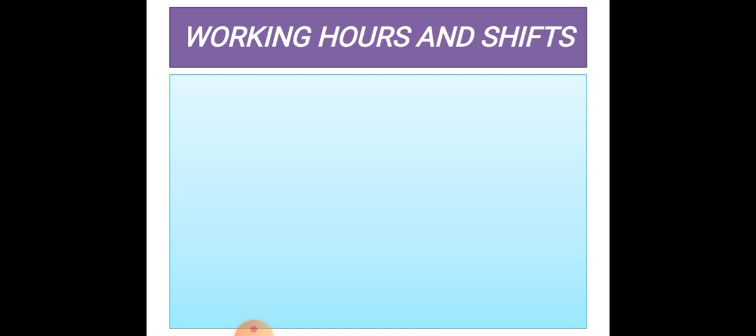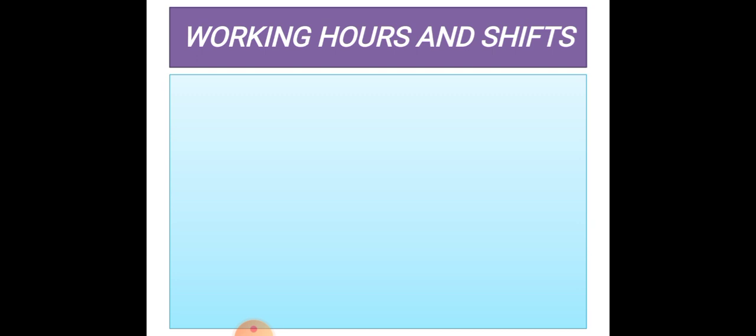So the workers work in 3 different shifts of 8 hours, A, B and C, and in each shift there are 800 to 900 workers at work. The first shift, the A shift, starts from 6 a.m. to 2 p.m., and the second shift, the B shift, starts from 2 p.m. to 10 p.m., and the C shift starts from 10 p.m. to 6 a.m. in the morning. So each shift works 8 hours.